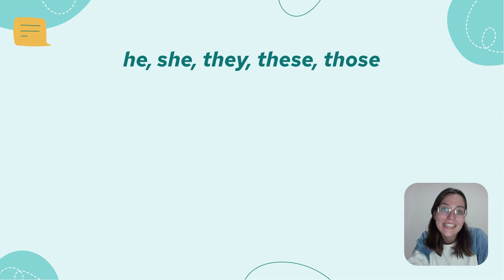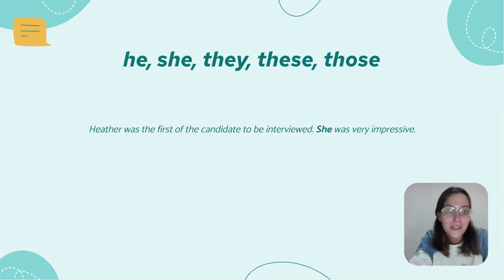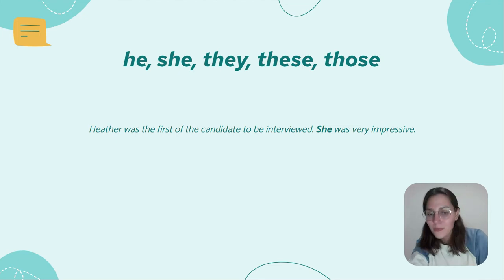Let's compare he, she, they, these, and those. Now, I know that you know how to use he and she for reference, as in, Heather was the first of the candidates to be interviewed. She was very impressive. And I know that you know that when referring to plurals, we're going to use they. That's all right.